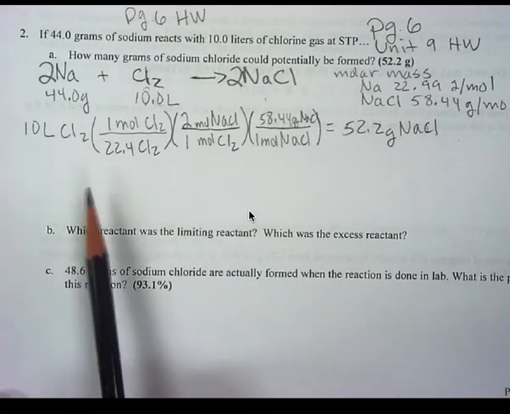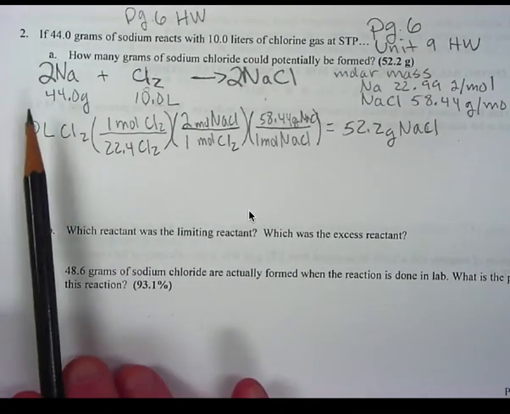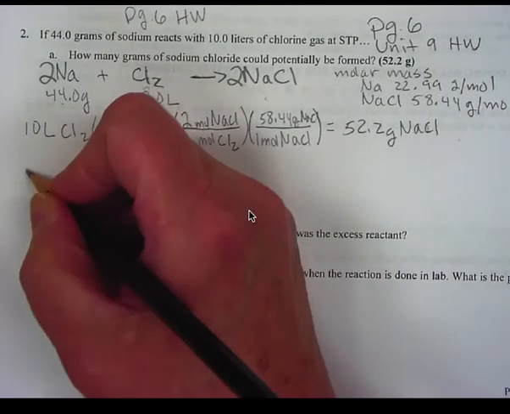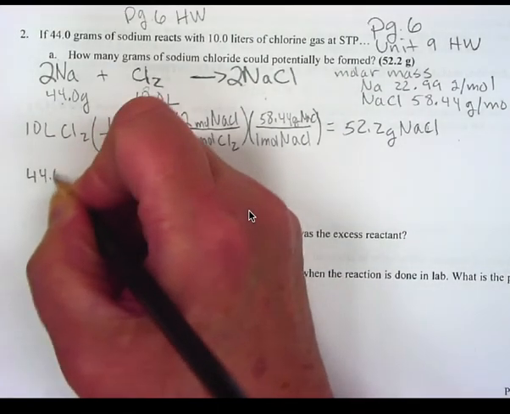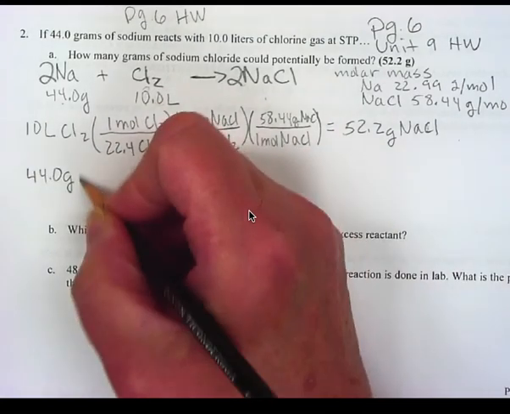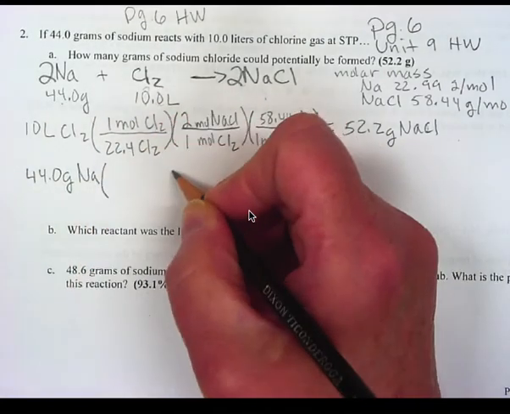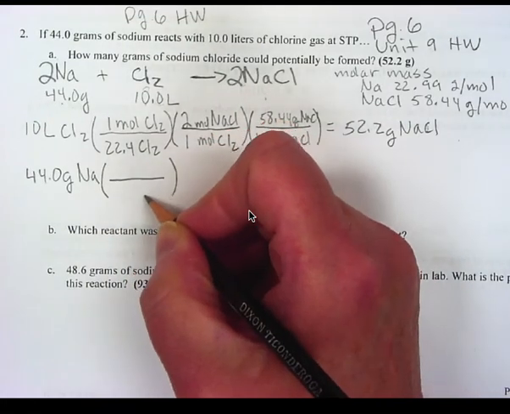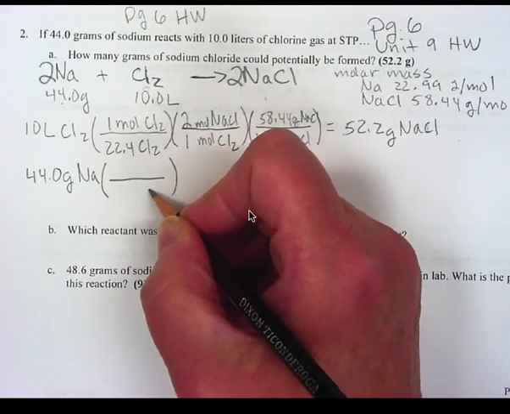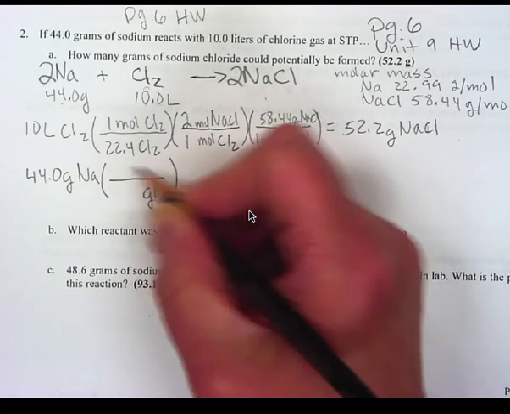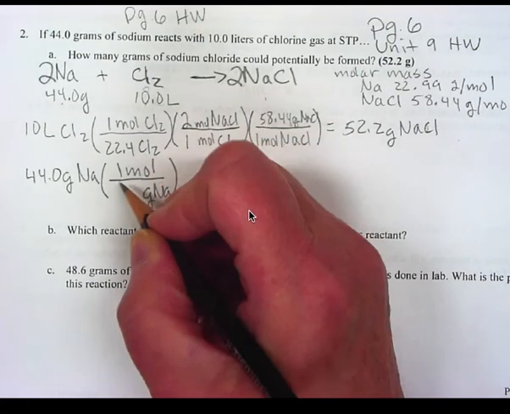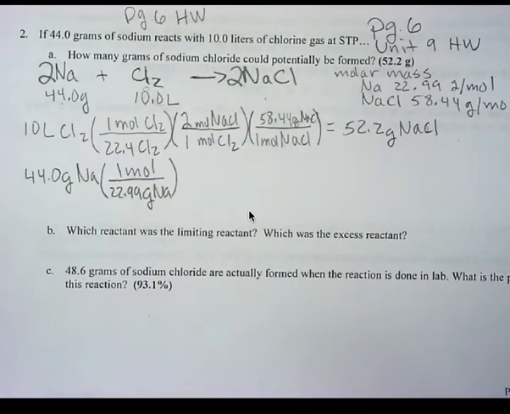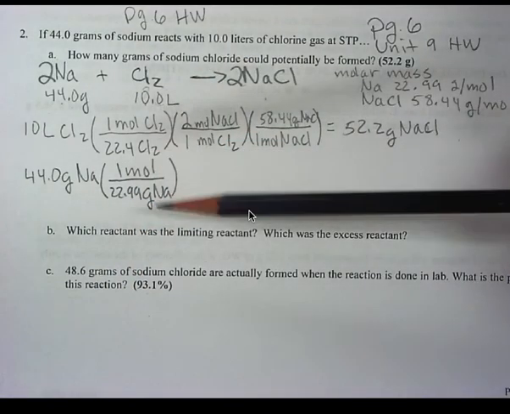The next thing is now I need to see how much product I would get if I evaluate having 44 grams of sodium. In this case, I'm not using the 22.4 liters because I'm dealing with grams.